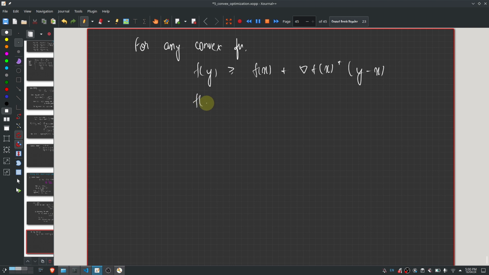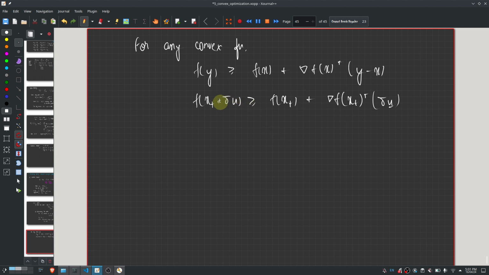So f of xt plus delta times u is always greater than or equal to f of xt plus gradient of f evaluated at xt times delta times u. This is always true, right?